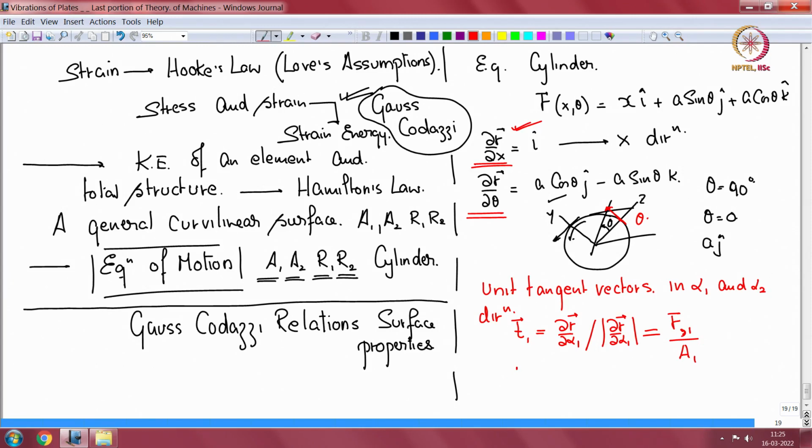Similarly T2 is equal to del r by del alpha 2 divided by its magnitude, using the notation, it is r comma 2 by A2, okay.